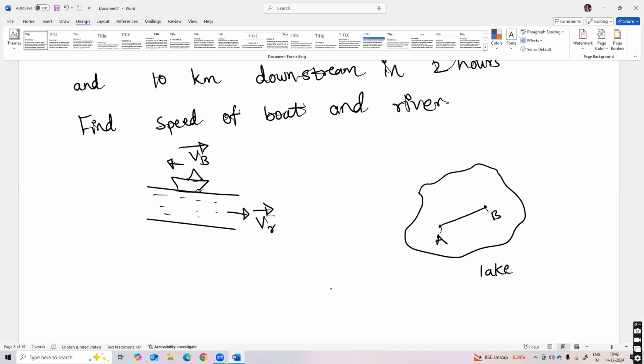So whatever velocity at which the boat is going from A to B is the velocity of the boat only. And here the velocity of flow of water is zero. Therefore whatever velocity we have is the velocity of the boat.